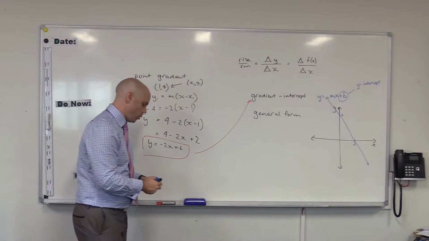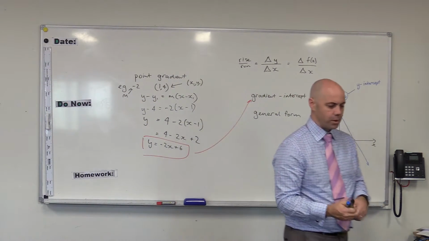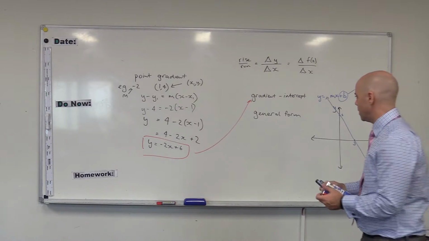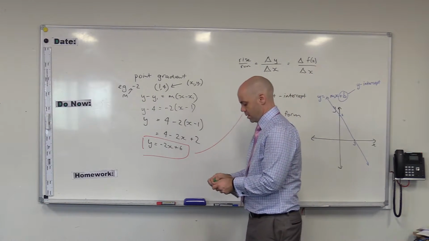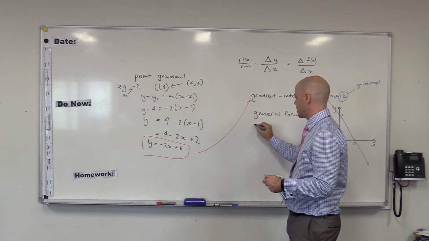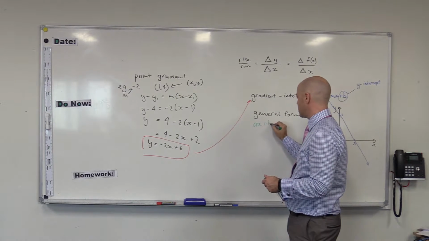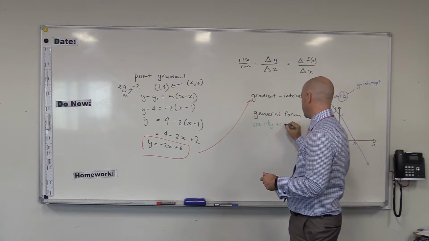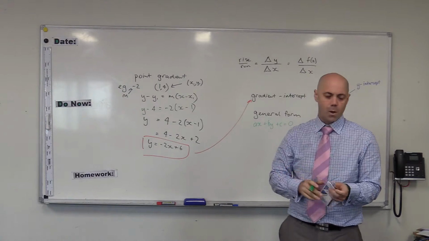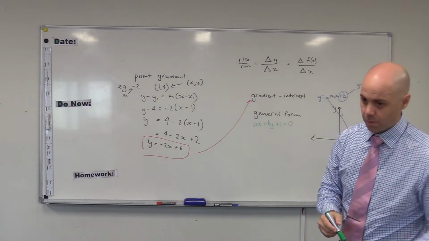How do we write it in general form though? What is the general form of an equation? It's like this. Ax plus By plus C equals 0. And what do you need?